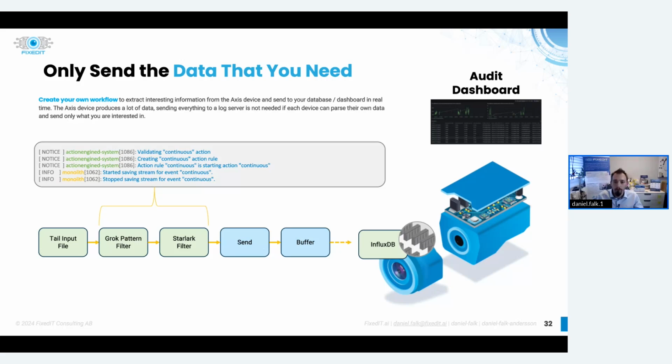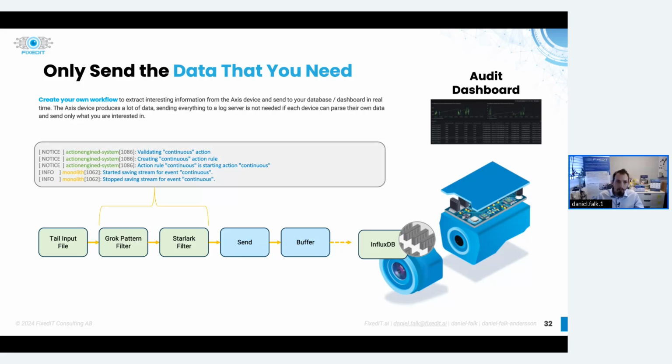And we want to log whenever someone is downloading an image snapshot from the camera. All this information is in the system log and the audit log in the camera, but there's a lot of information. There's thousands of other metrics logged to these same log files. So sending all of this from all your cameras to a central dashboard would be a lot of network congestion.